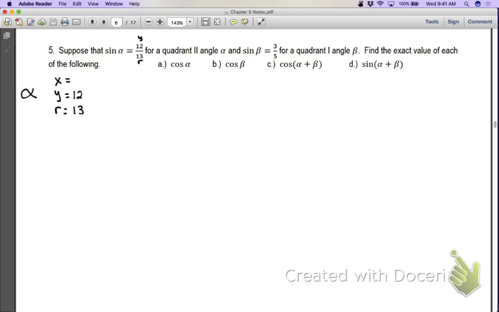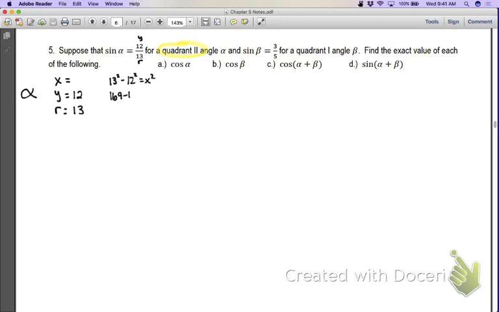Now, I still have to find my x value. What do we know about my x value because it is in quadrant 2? It's negative. Okay? If there was only a way that I could figure out what x is, if there was only a theorem, the Pythagorean theorem, or an adjusted version of it. I'm going to go 13 squared minus 12 squared equals x squared.